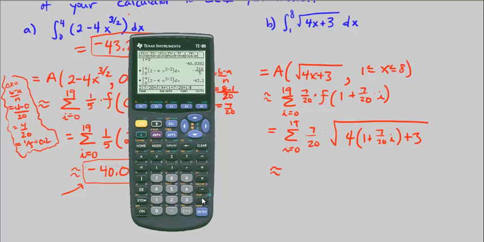Close parentheses, plus 3, close the parentheses because that ends the square root, comma, our variable is i, and our index starts at 0 and stops at 19 because we're using 20 rectangles. Alright, diamond, enter, and I get this area is approximately 30.8472 units squared.